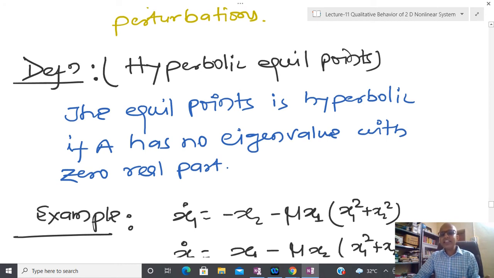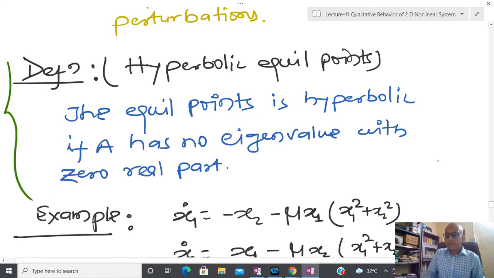In order to talk about the stability of the linearized system, or stability using linearization, I have to consider only this class of system. This class of system is called a hyperbolic system, or hyperbolic equilibrium point, where after linearization the real part of the eigenvalue is not equal to 0.